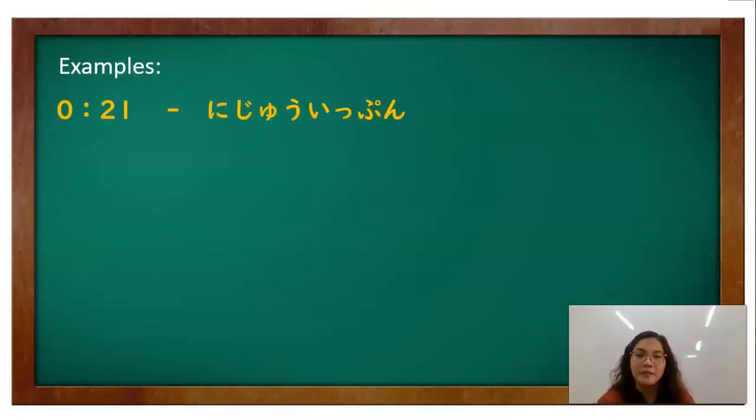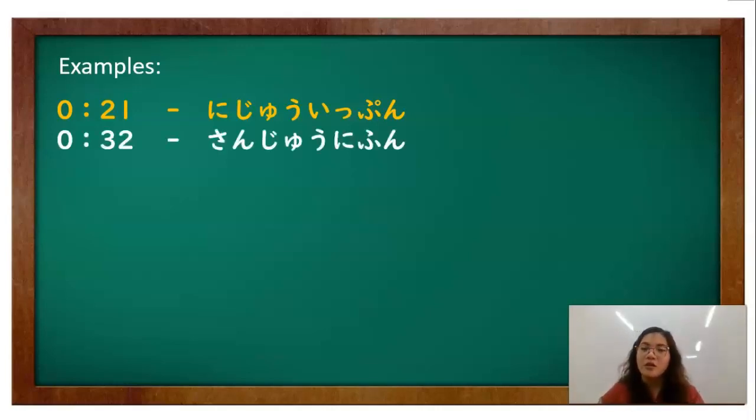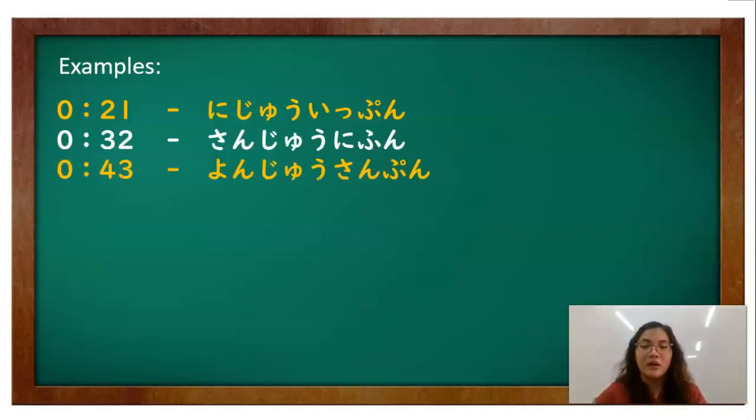Next, other examples. 21 minutes is Niju Ippun. 32 is Sangju Nifun. 43 minutes is Yongju Sangpun. 54 is Goju Yongfun.